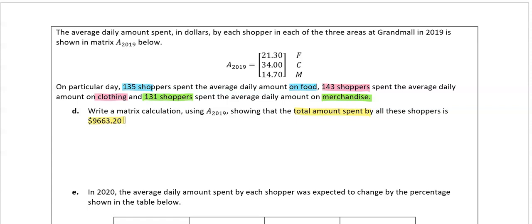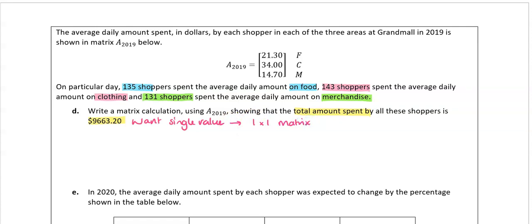So in this case, they're telling us to be able to show that calculation to get the total amount, which is that $9,663.20. So we want to end up with a single value, which means in matrix form, we want a 1-by-1 matrix.